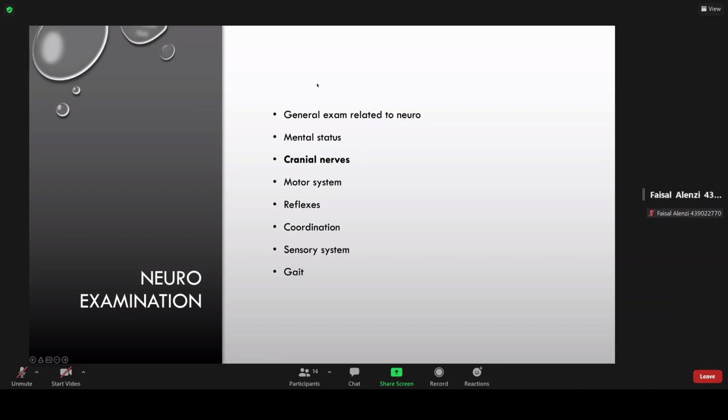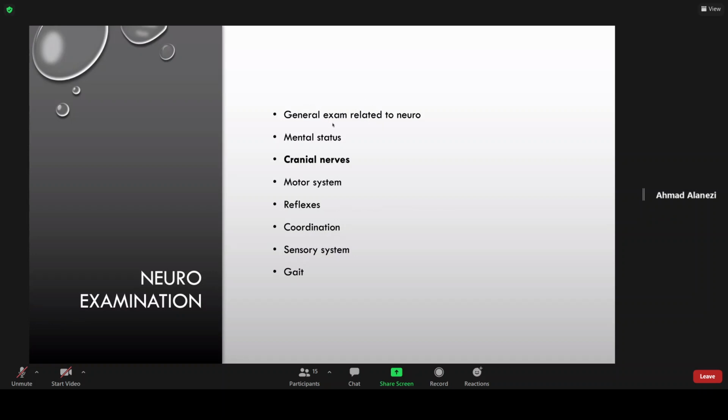Now examination. So again, examination, like any other system, we start with general examination related to neurology. So what are the general examinations related to neurology, guys? First, when you see the patient, you observe his behavior.